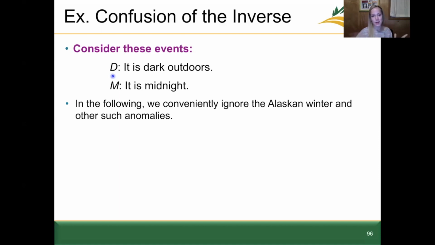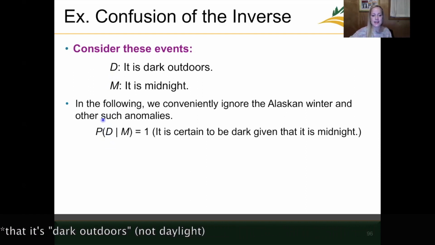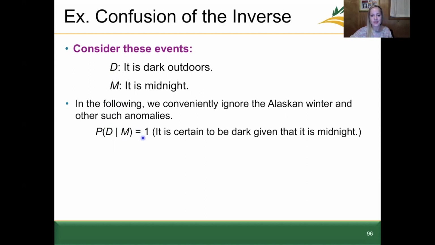We're going to ignore those momentarily. So when we write out the probability that it's dark contingent on it being midnight, that's equal to 1. Again, we're ignoring the anomalies. That means we're saying it's certain, because it has a probability of 1, to be dark, given that it's midnight. Again, we're ignoring these anomalies.